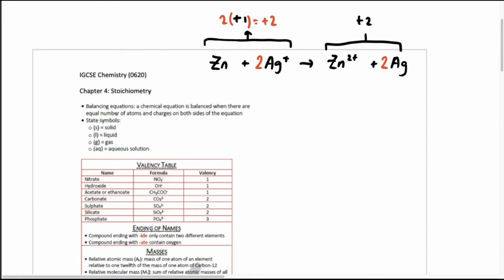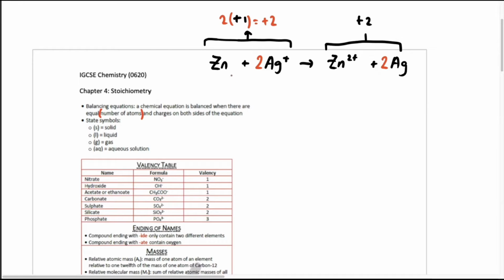So we have an equal number of atoms, one zinc and one zinc 2+, and now 2 silver ions and 2 silver atoms. So in terms of the number, it is the same.